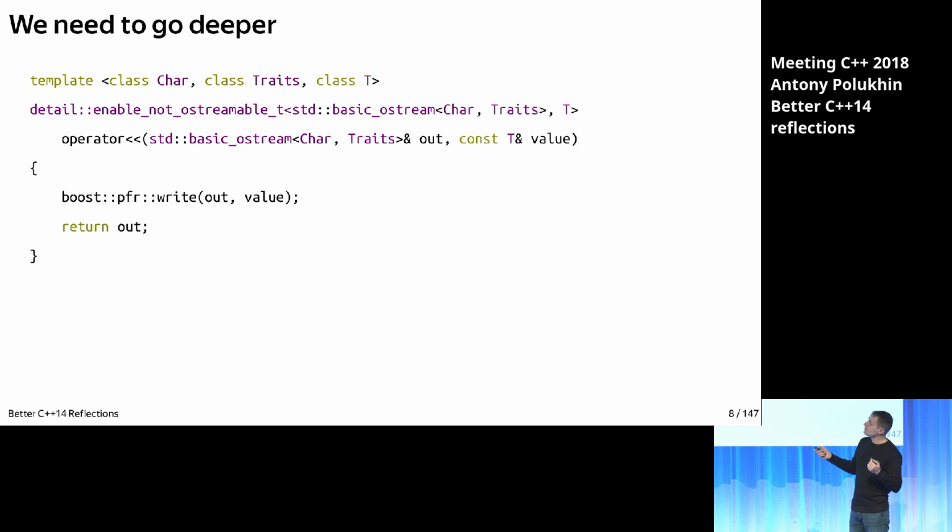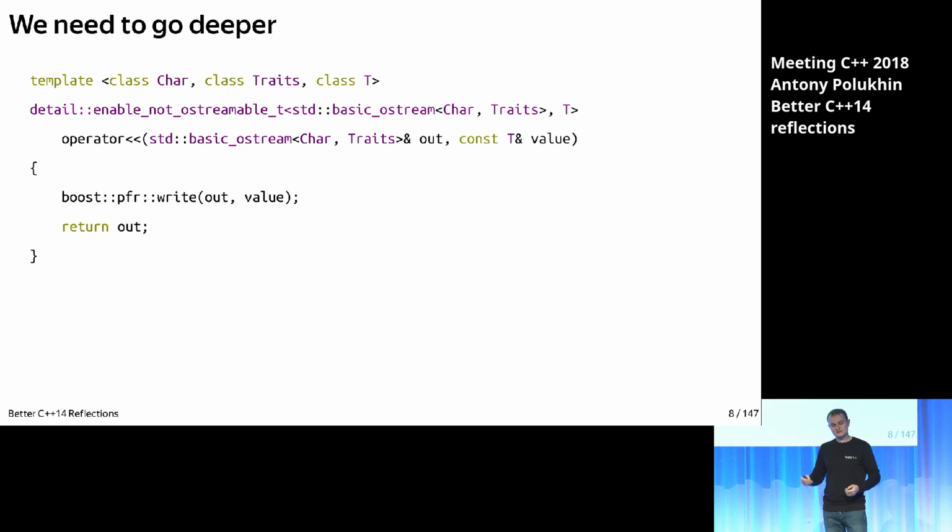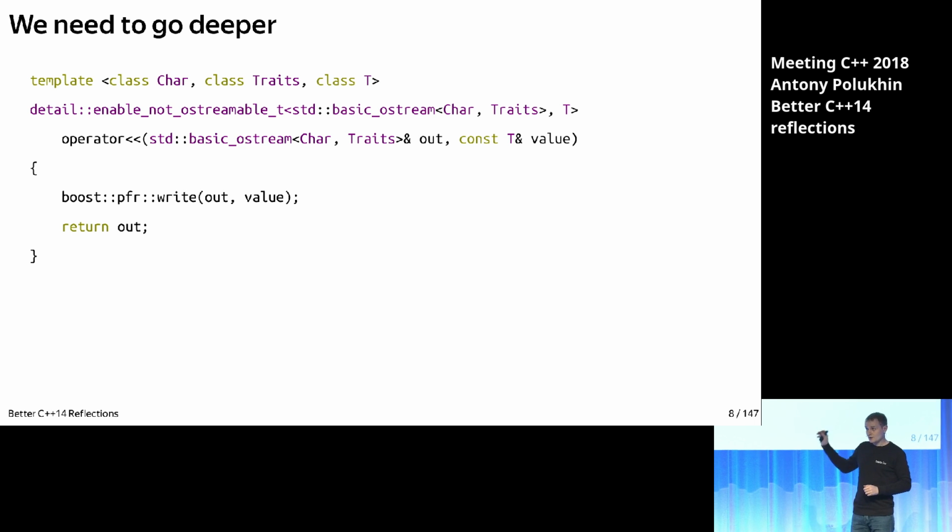There is an enable_if at the top, and it means that this operator works only if the user has not already provided the ostream operator for that type. If there is an ostream operator for that type, the user one will be chosen. Otherwise, this ostream operator is used.